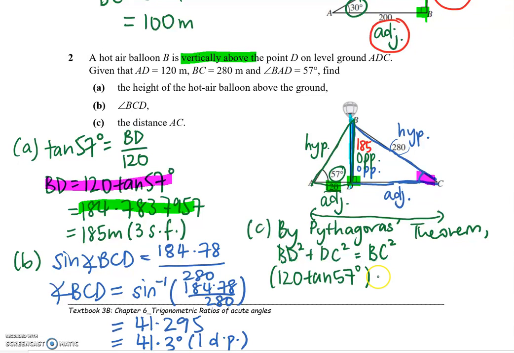It's up to your preference as long as you take more than 4SF. Plus DC squared, which is what we're looking for, equals BC, which is 280 squared. So make DC the subject. DC is equal to the square root of 280 squared minus 120 tangent 57 degrees, and there should be a squared here.